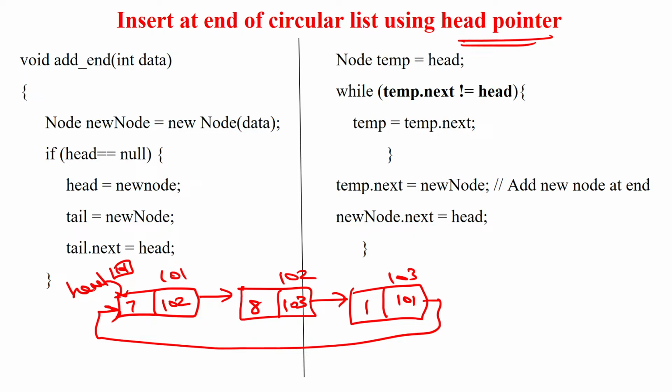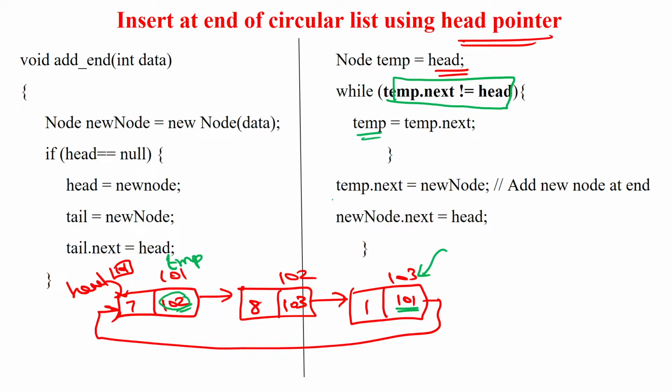So if it is the case, what I have to do is assign the header to a temporary variable. I have to move to the last node. The last node has the address of head. That's why we are using the condition temporary dot next not equal to head. Temporary dot next is not equal to head, it is true.